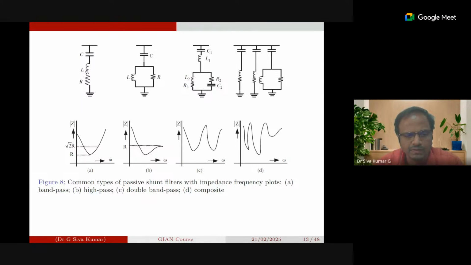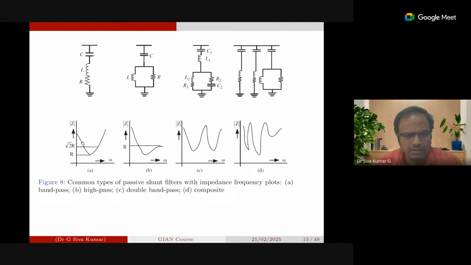With respect to the frequency, the reactances of the inductor and the capacitor change. At this particular frequency, at this cursor point, the impedance is very low. In all other cases, the impedance is very high.